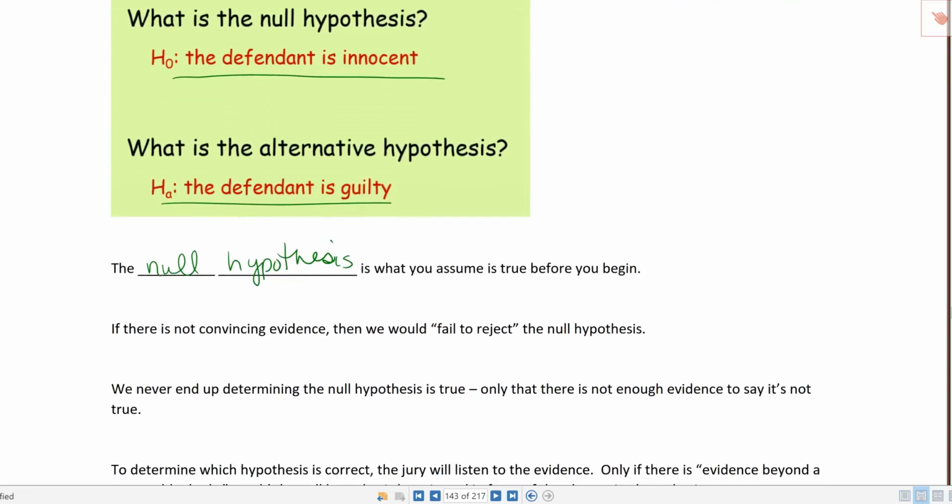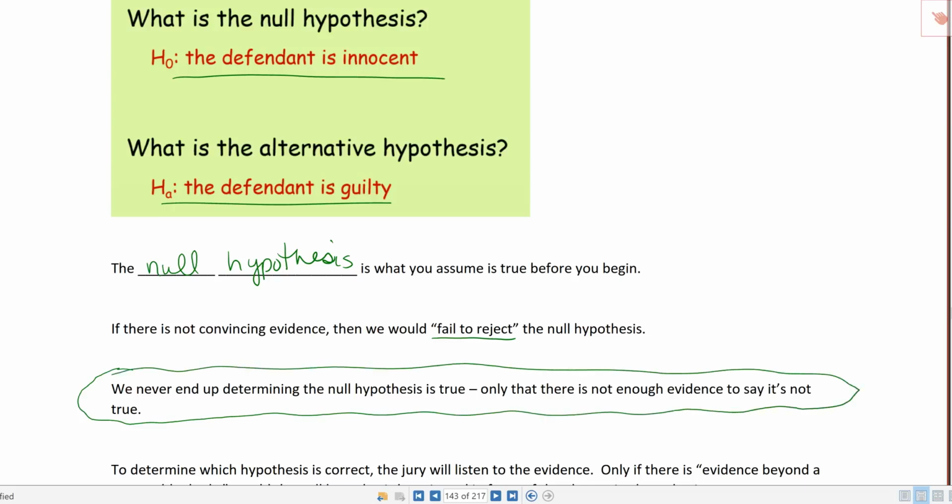If there is not convincing evidence, then we would fail to reject the null hypothesis. Okay? So, this is where we have to really think carefully about how we state things. We never end up determining the null hypothesis is true.